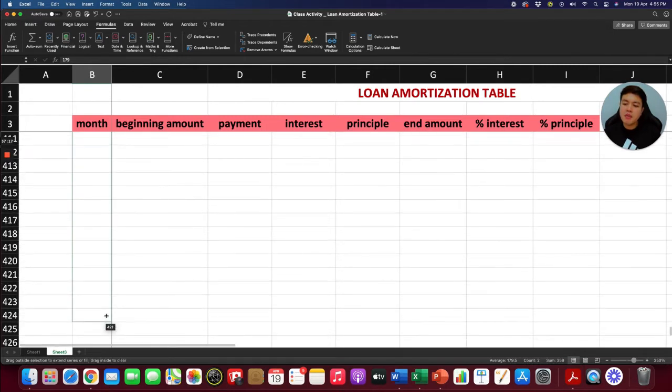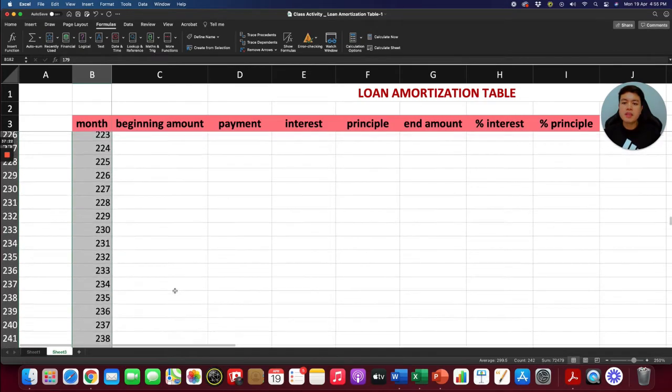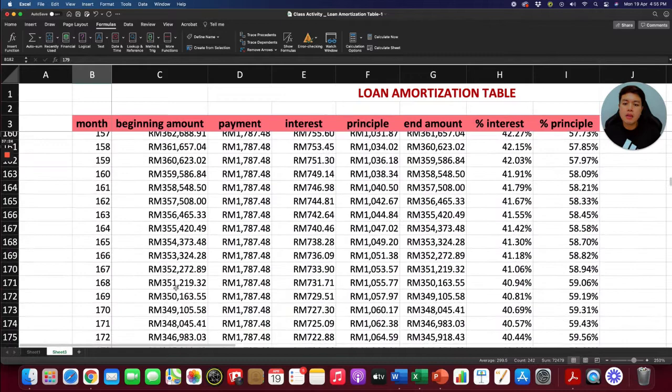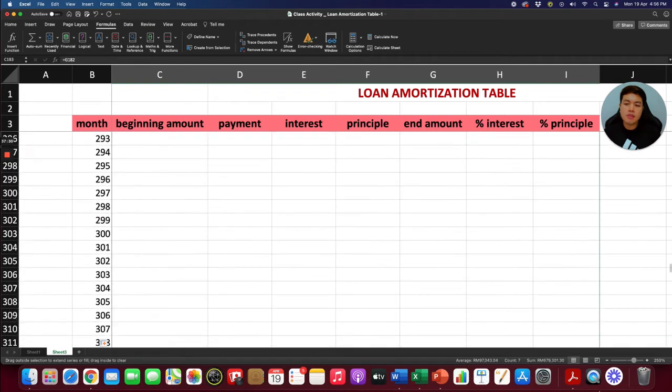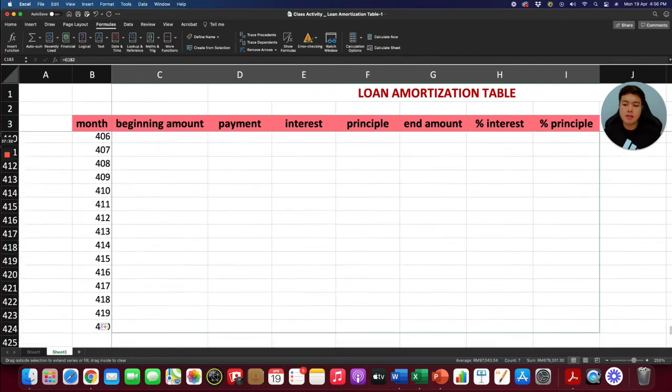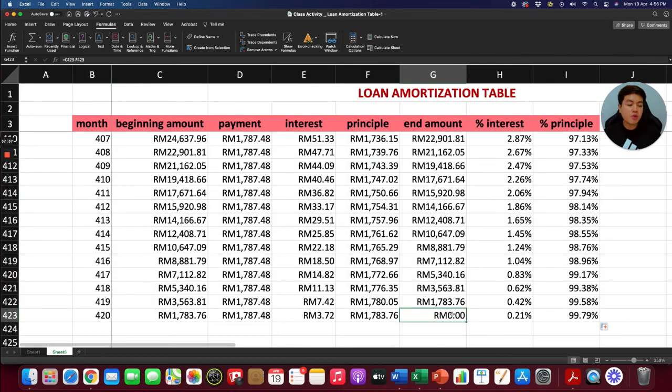Here, 420, okay. And then everything, you can just highlight and drag until 420 months. Remember, at the end, it should be 0. Whenever you get 0, it means that your loan amortization table is perfect.